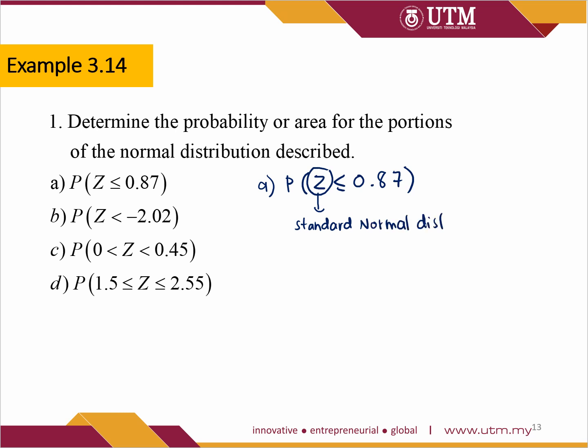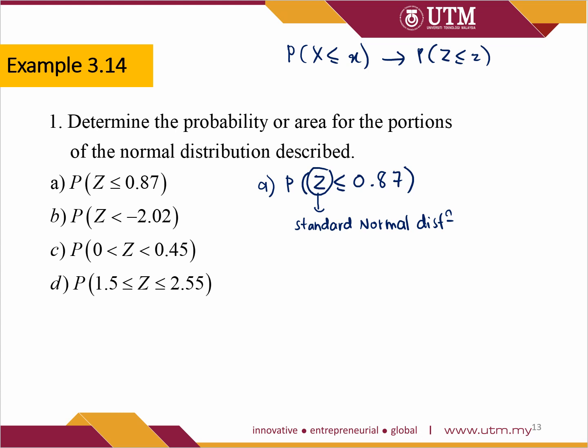So we don't have to transform from normal to a standard normal distribution, because this problem is already in a standard normal distribution. So how to find this area? You don't have to do the integration, because we just have to use the table.